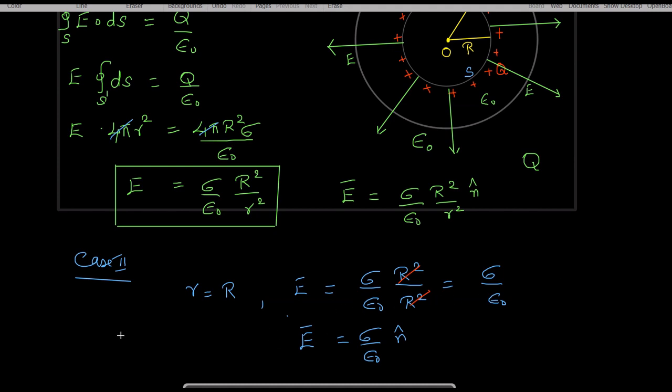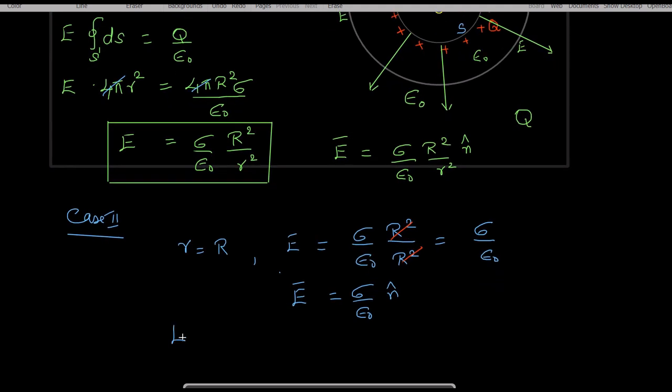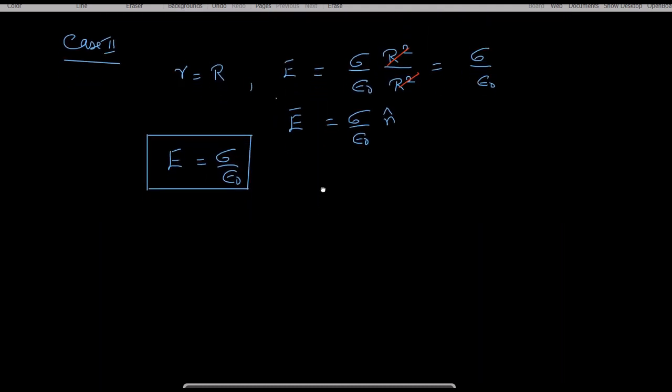Magnitude wise, E equal to sigma by epsilon naught, which is the magnitude of electric field on the surface of the spherical shell of charge.